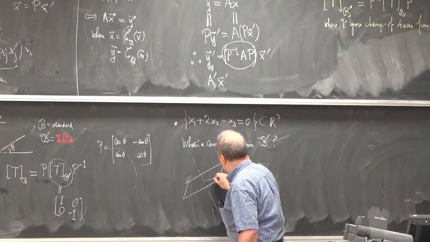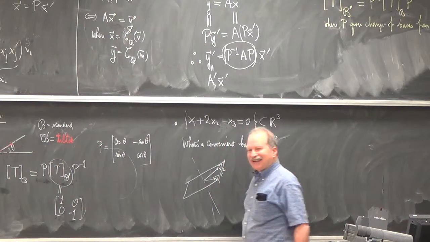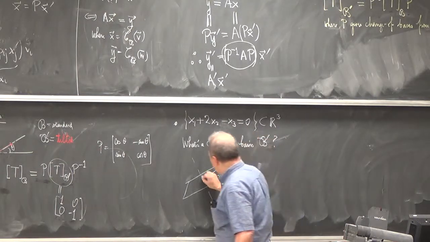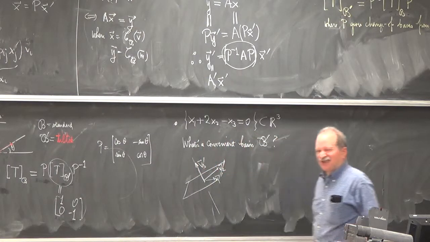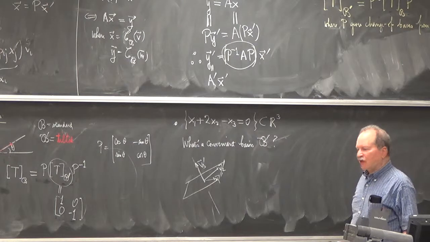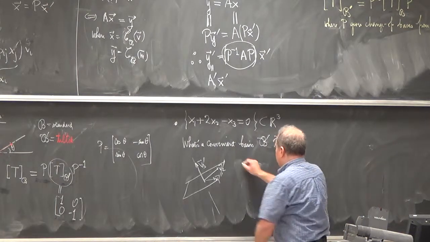Okay, so I'm going to take V1 prime and V2 prime in the plane, and V3 prime just in the normal direction, I mean, perpendicular to the plane. So let's do it. What's the change of basis matrix?